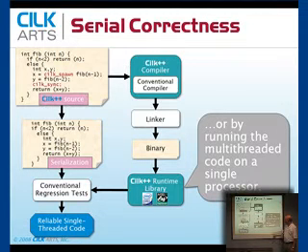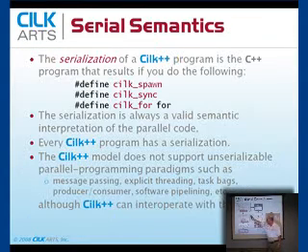Or you can run it on a single processor, and that will also give you the same serial behavior. In particular, if we've done our job right, there should be no difference in any values that you ever see in the code between running it this way or running it this way, running Cilk++ on a single processor versus doing the serialization.